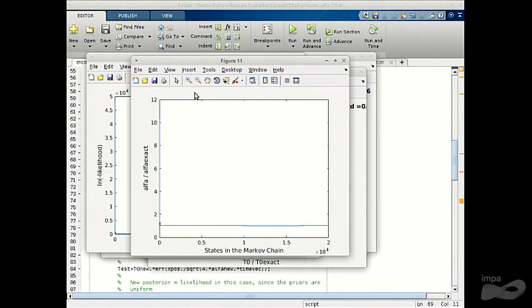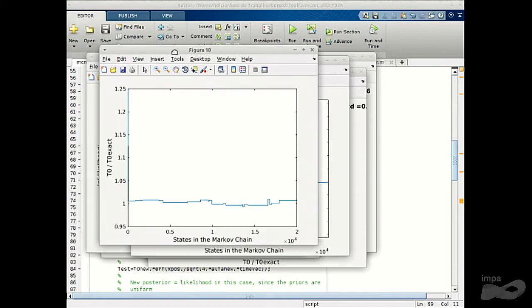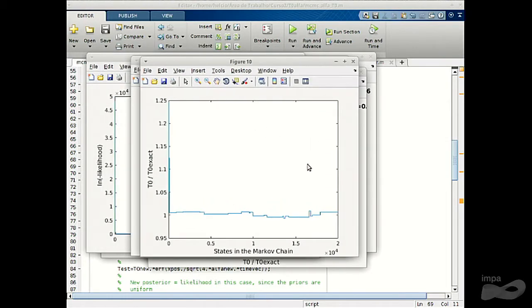If we zoom in here, see? Very few states are actually accepted. And this can also be seen with the chain for T0. So when you see a chain like this, it is bad. A periodic chain is bad, and also a chain like this is bad.